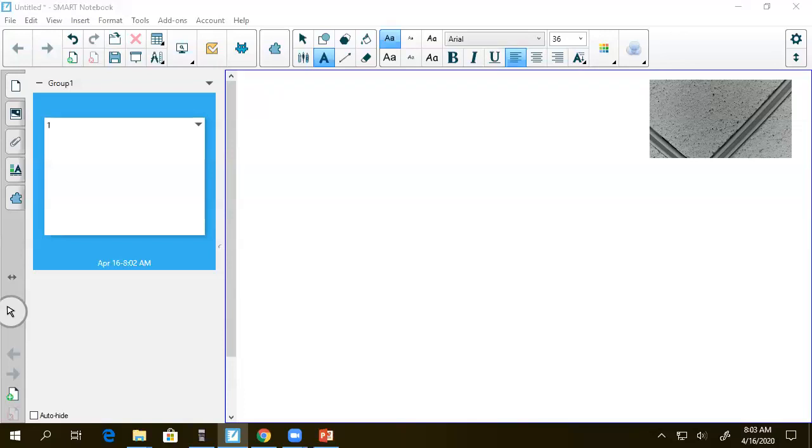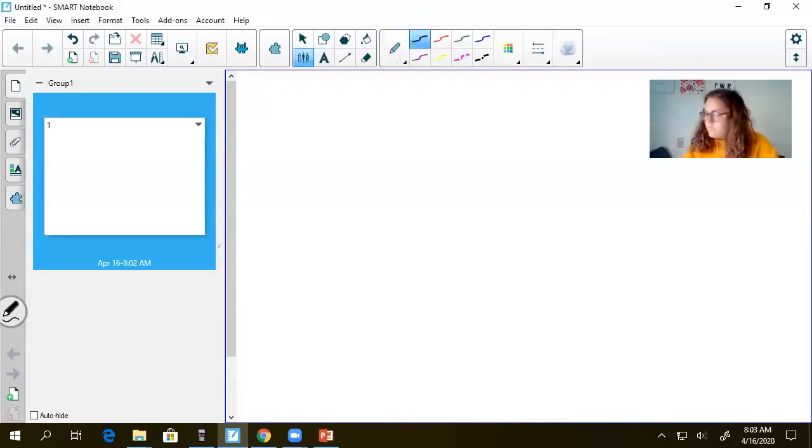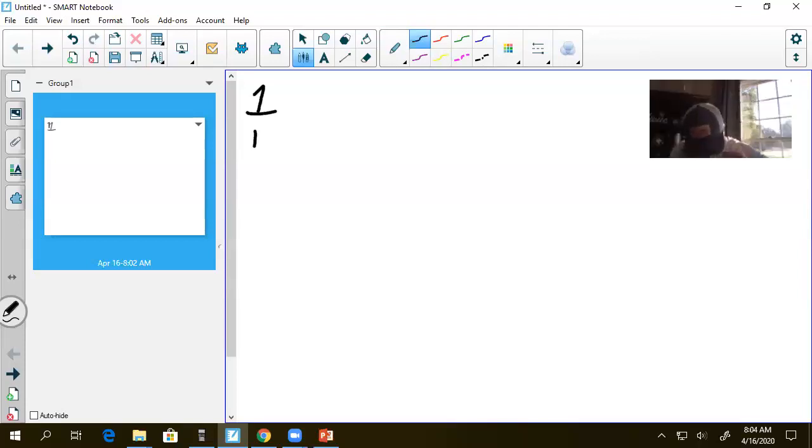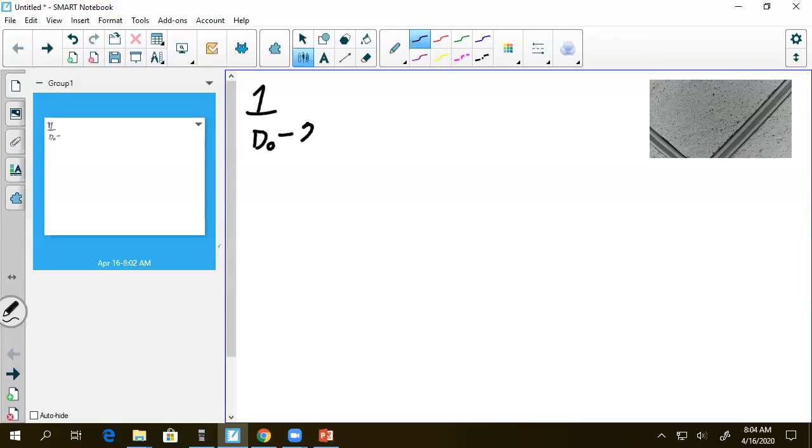All right, so let's look at the first one. We got Jackson Timberlake just paid a dividend of $2.15 per share on its stock. So which D is that? D0. So D0, okay, 2.15.